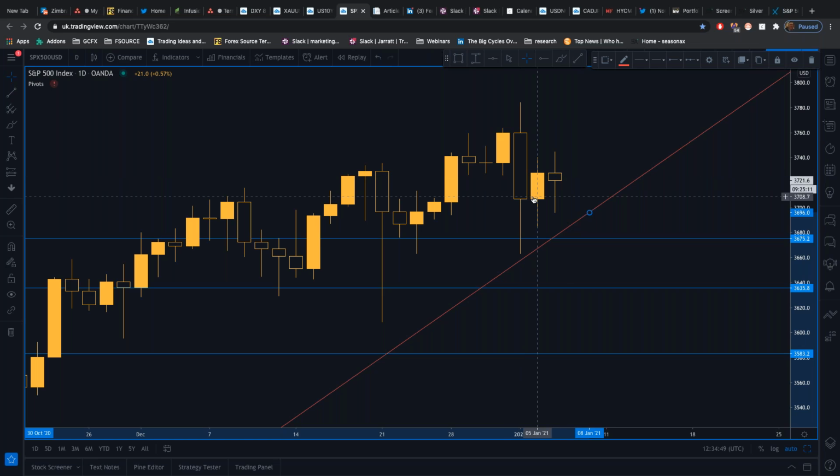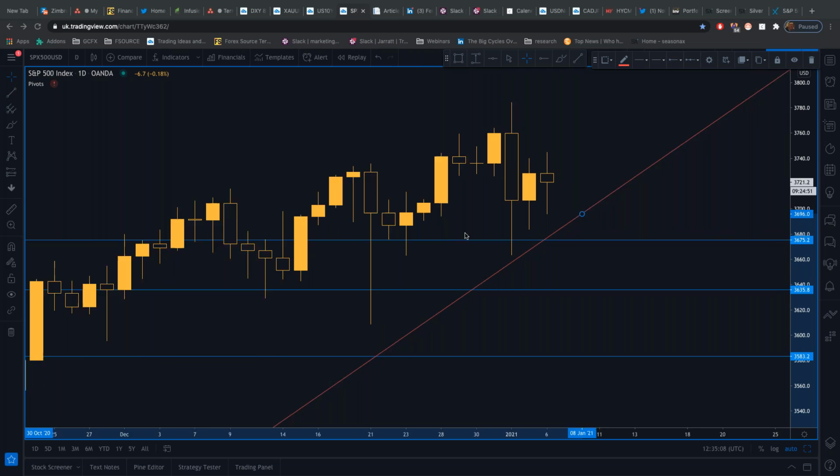Now, that's positive for stocks. However, what's negative for stocks, if Democrats are in charge, is that it means a more highly regulated and deeper taxation on the US stock market. So that in itself is potentially negative. So that's what's going on here. That's the battle between the two narratives.